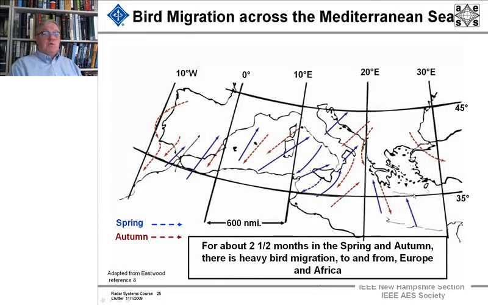This was all documented by a fellow on a British aircraft carrier. His name was Casement, I believe. His paper is talked about in Eastwood, reference 8. There's a book called Radar Ornithology. It's out of print.